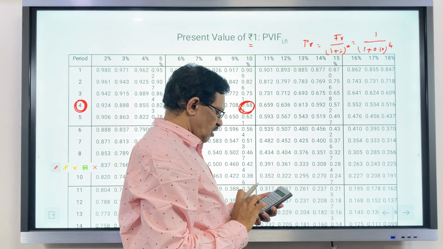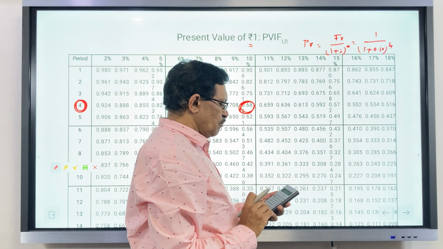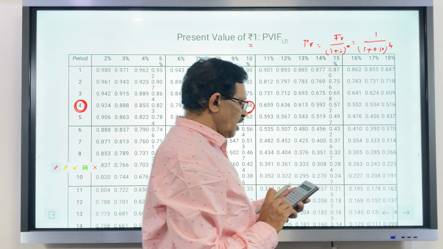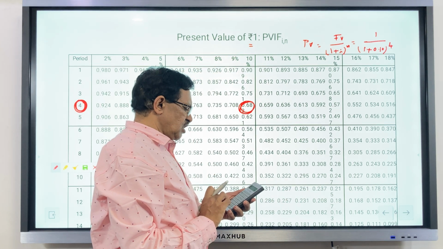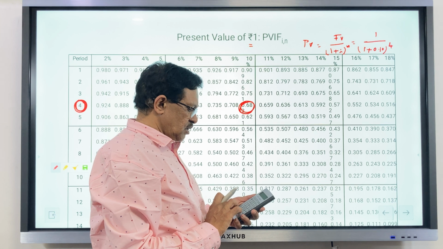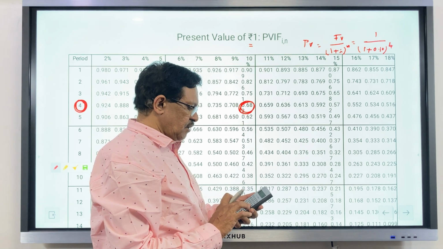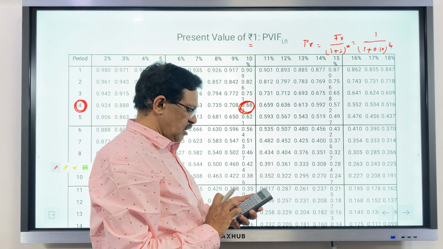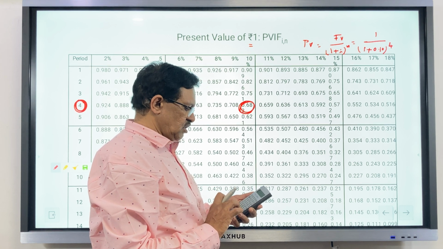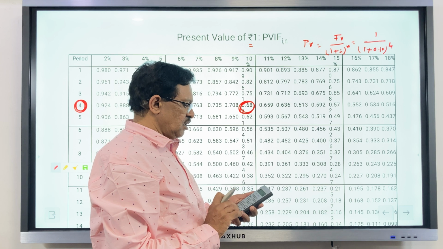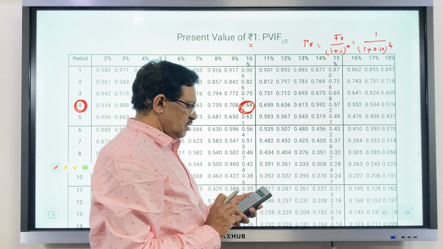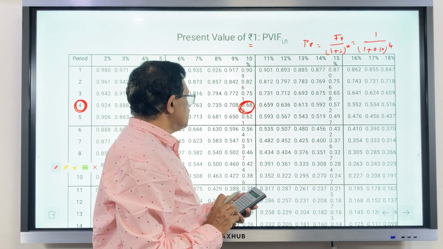1.10 to the power of 4 is 1.4641. So 1 divided by 1.4641, let us look at that. 1 divided by 1.4641 is equivalent to 0.6817.